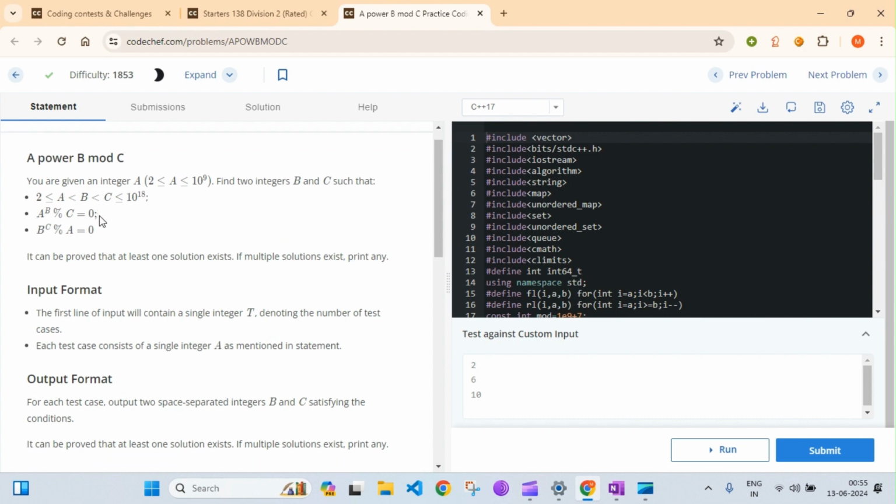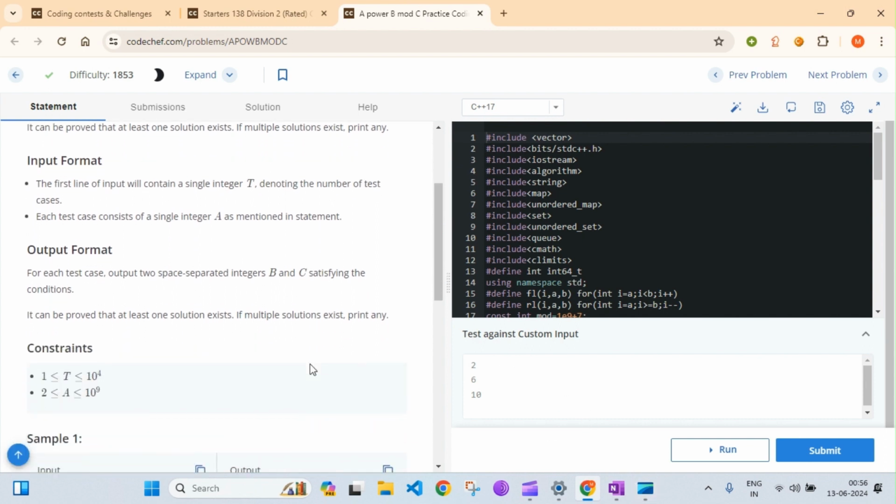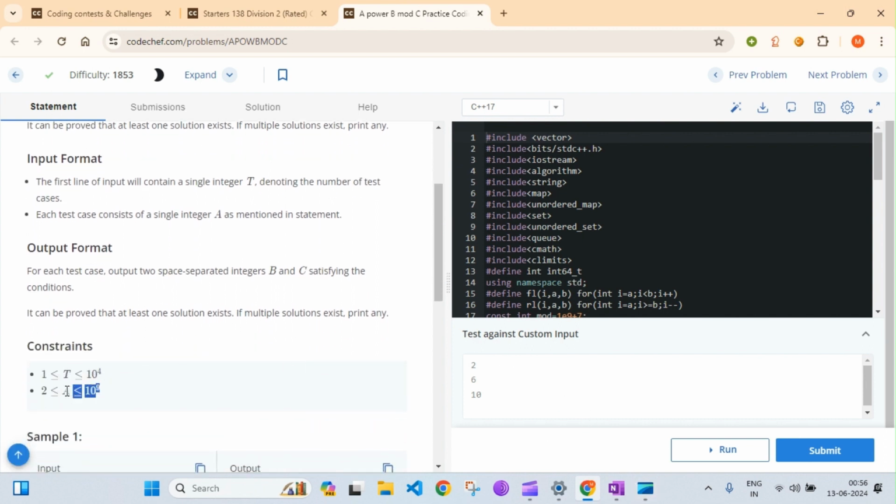And what does this mean? What I thought was, if some number is x, right? Let's say you are given some x, and one more thing to notice is A's maximum limit is up to 10 to the power 9, right?